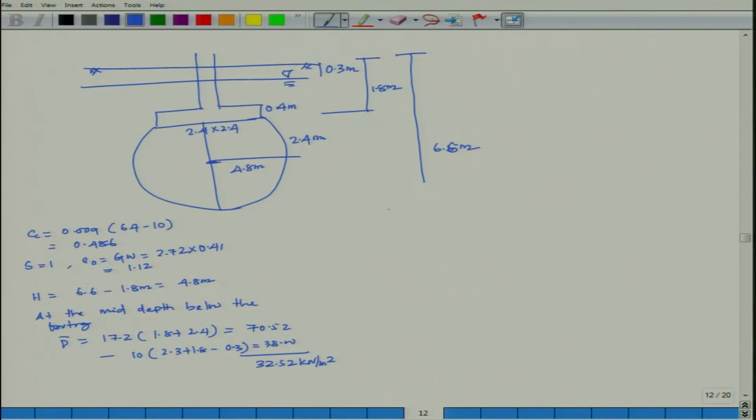So, net load intensity is equal to 91.66 kilonewton per meter square.